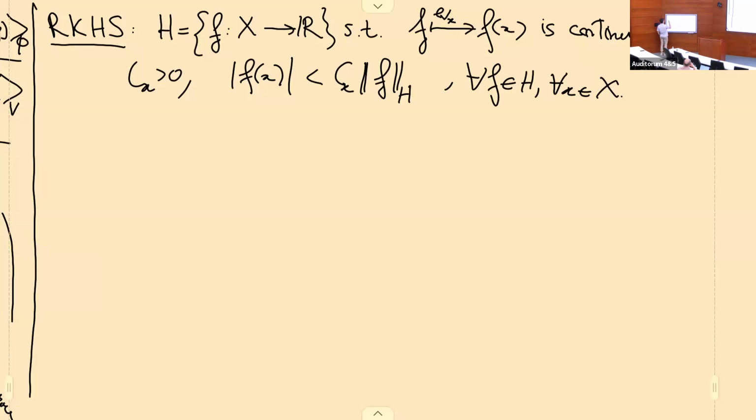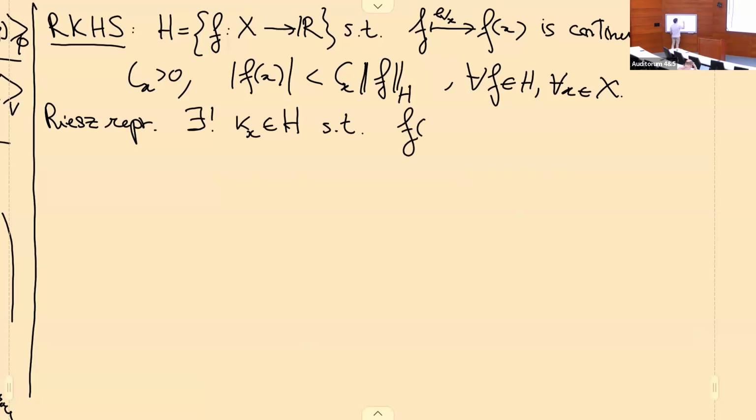If you use just the Riesz representation theorem, it's clear that for any F there exists a unique functional in the Hilbert space, let me call it K sub X, such that the evaluation of F at X is equal to the inner product of K_X with F.